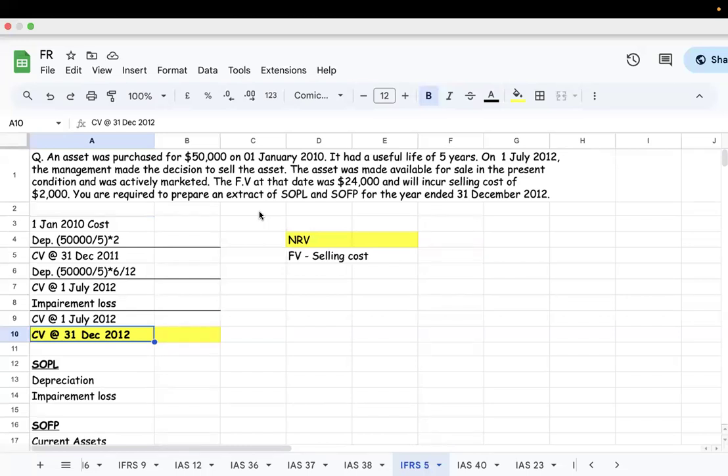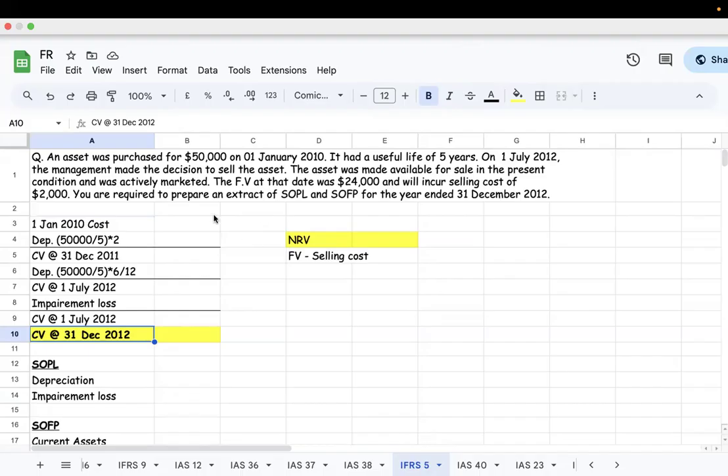The fair value at that date was $24,000 and will incur selling cost of $2,000. You're required to prepare an extract of SOPL and SOFP for the year ended 31st December 2012.